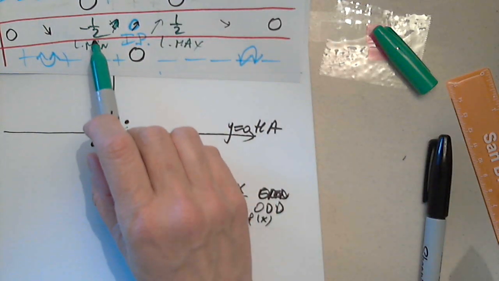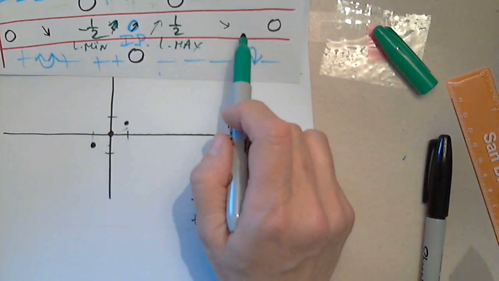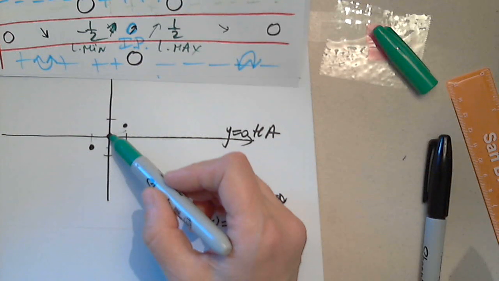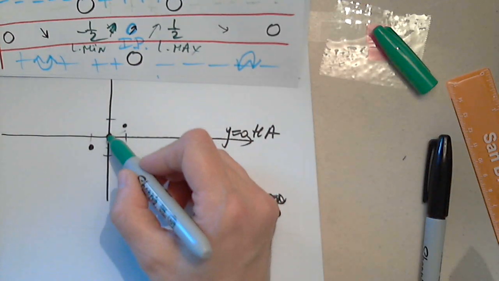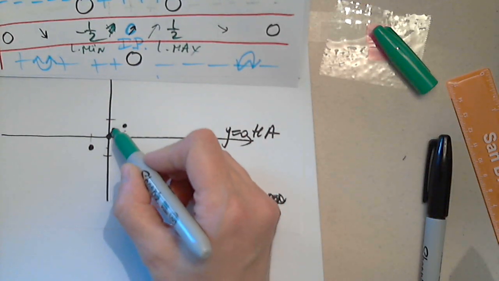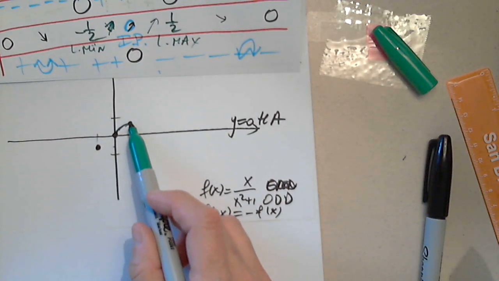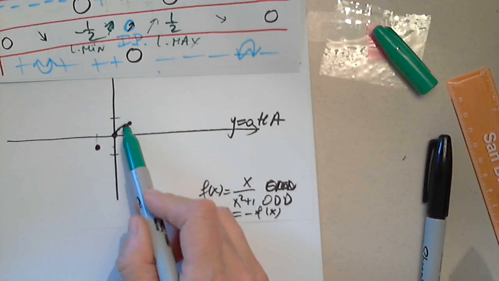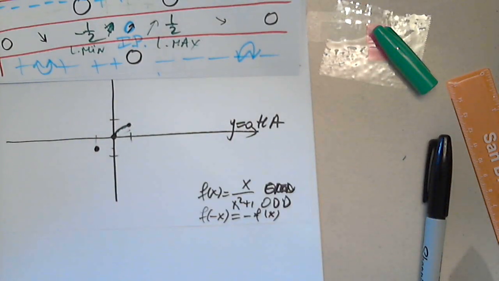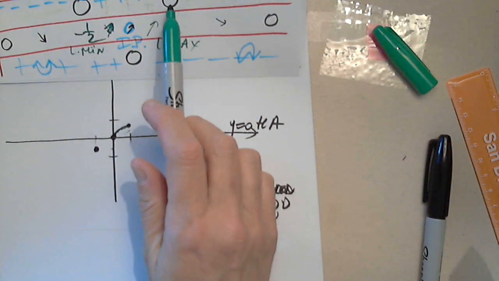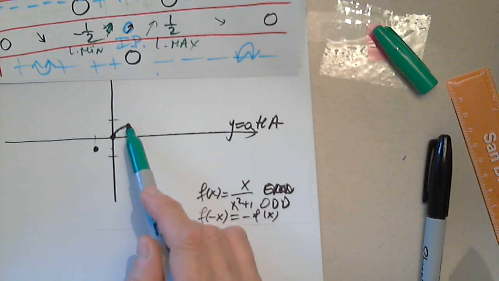Increasing from negative 1/2 to 0 to 1/2. So it's increasing and opening. Okay, so opening up, increasing to the max, and then it's increasing to the maximum, and then it's decreasing.